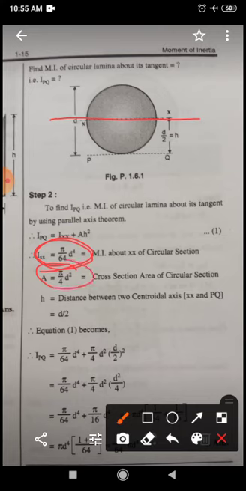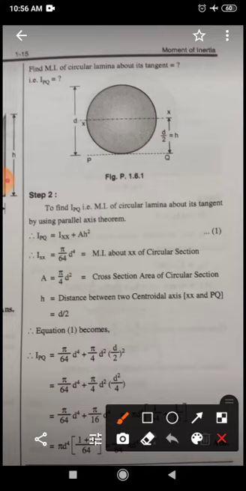This is the area of this figure. Then the distance h, between the centroidal axis and the parallel axis, is equal to d by 2. All these values we already have. Then let's calculate using equation 1.